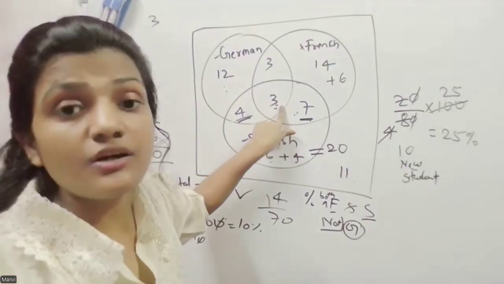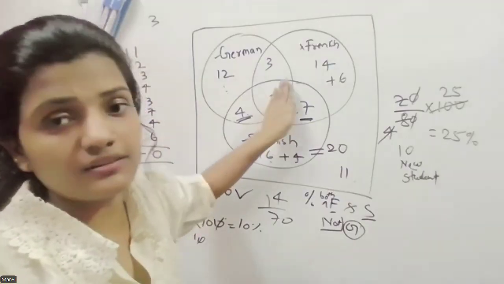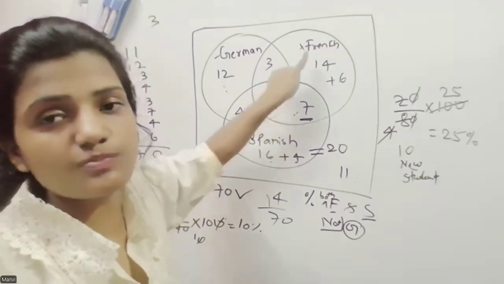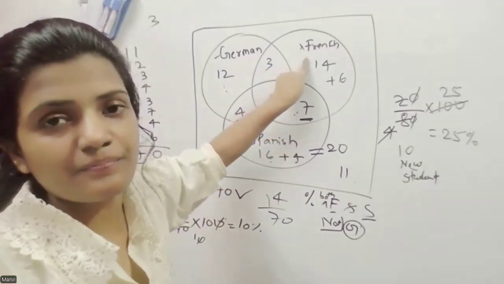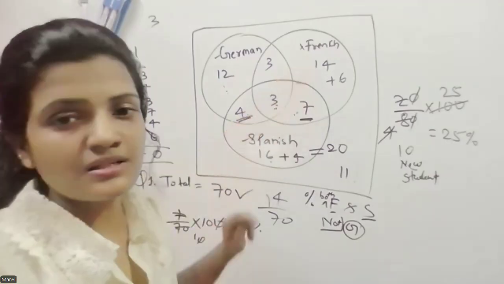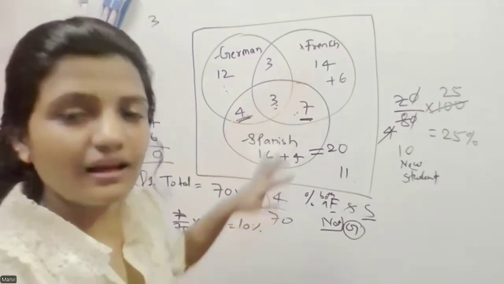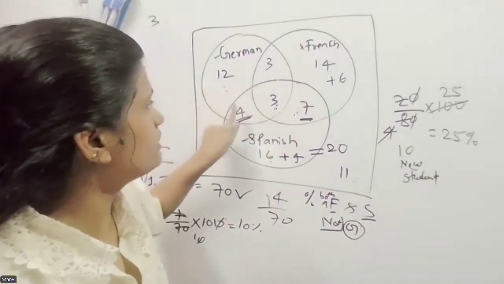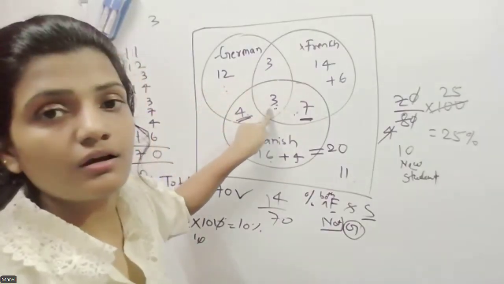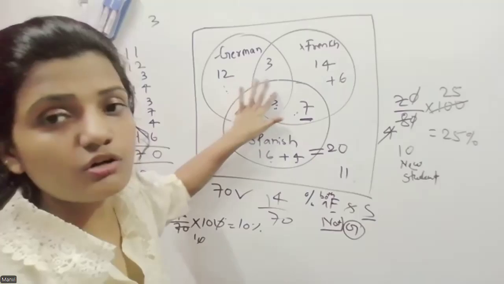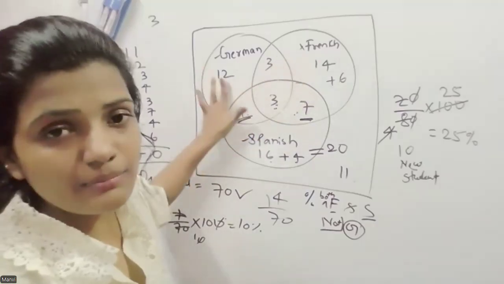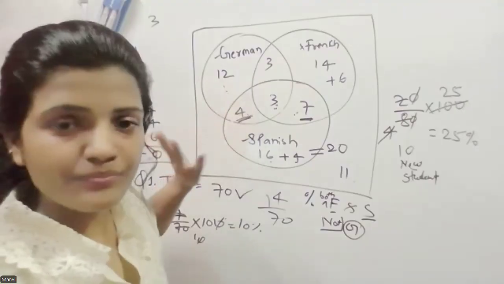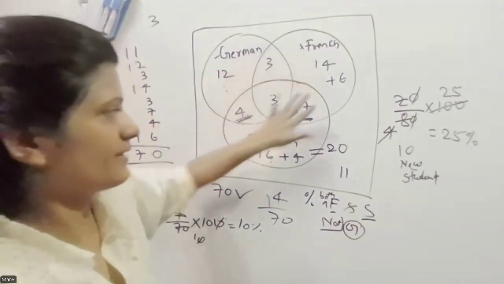But if they say only German and Spanish, then this 3 will not be added, because these 3 also speak French. And this 3 means all 3.